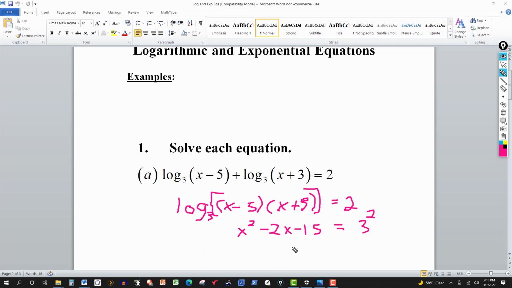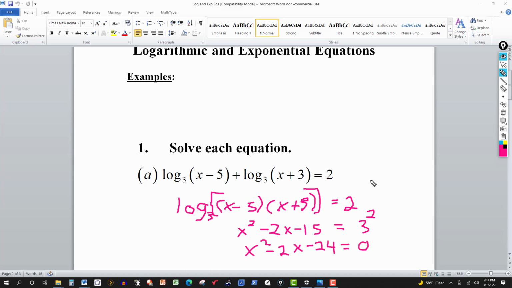So now we just write this as a quadratic with one side 0. This will be 9 here. Bring that over to this side, and we get x squared minus 2x, then bring the 9 over, minus 9 and 15 is minus 24, and that's equal to 0.